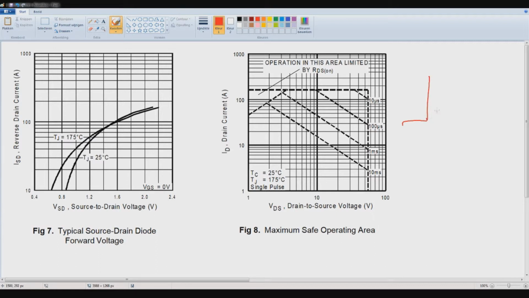If I draw the symbol again, they mean this diode from source to drain, which is then the source to drain diode, and it has a forward voltage of, let me check, 1.3 volts, which is about here.